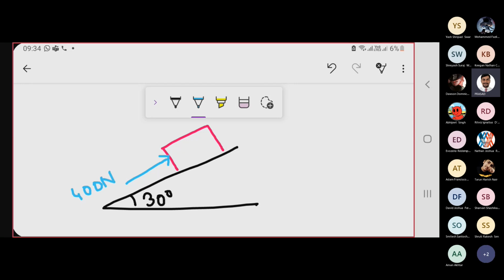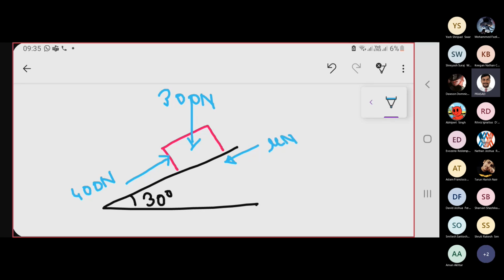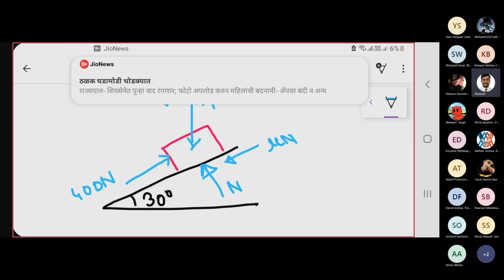Then the body weight is 300 Newton, so it will be acting vertically downward. The block is moving upwards, so friction force will act in the opposite direction, mu n, and there will be a normal reaction. I am directly doing it on that problem; you need to draw a separate free body diagram for the block.